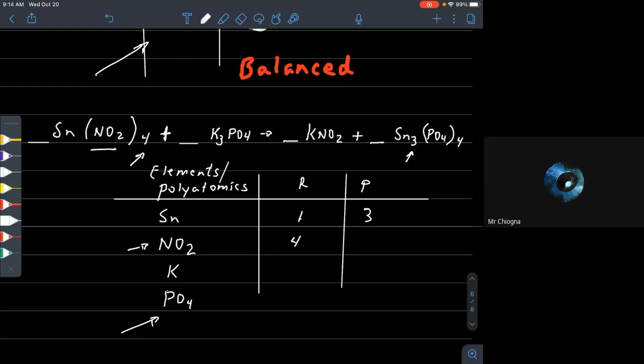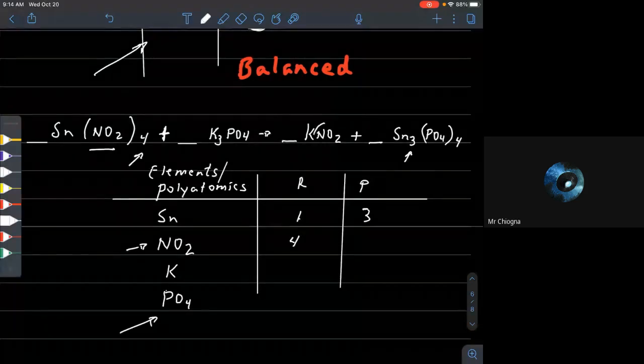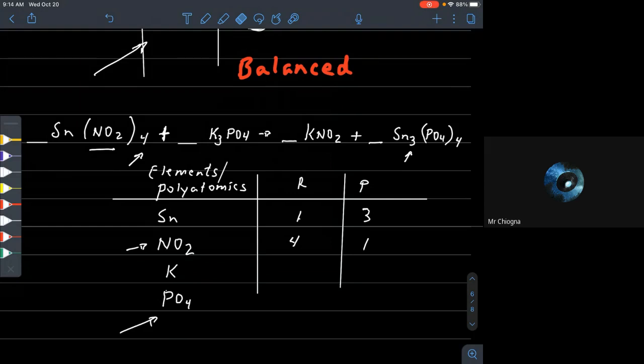How many on the right? Yeah, there's no brackets. See that? No brackets means 1. Potassium on the left. How many? Good. On the right? Very good. Is it balanced? No, not yet.